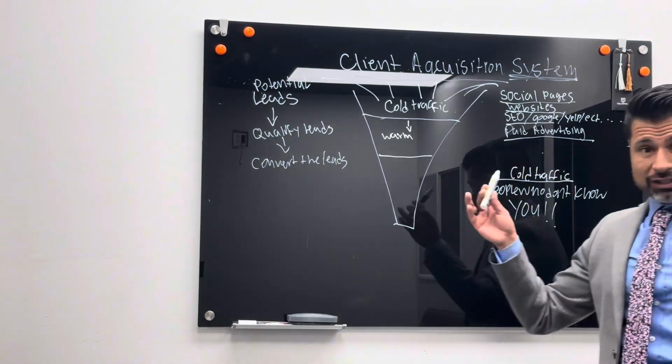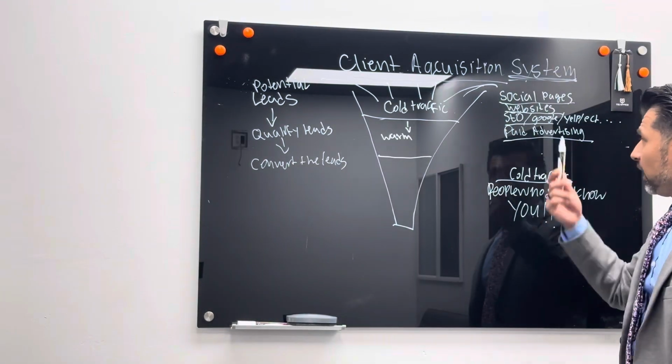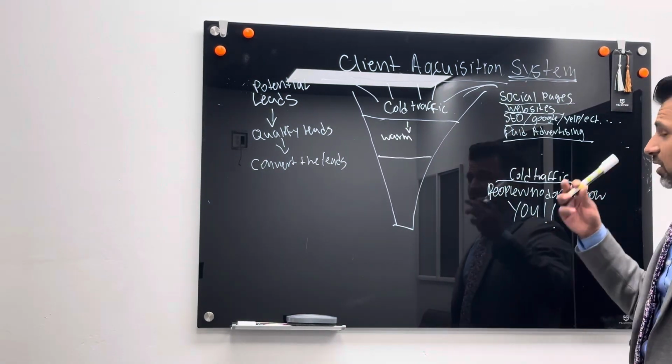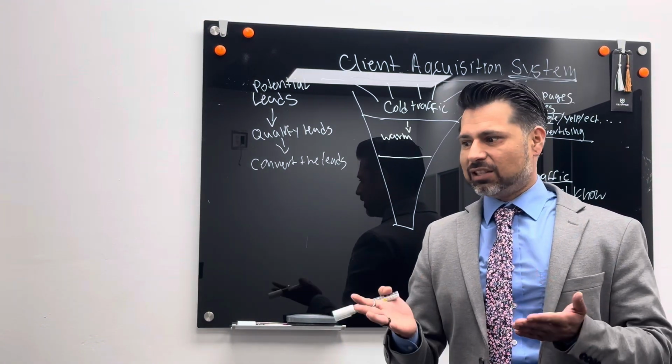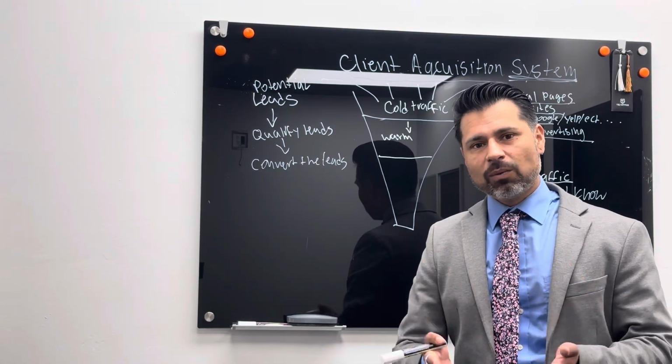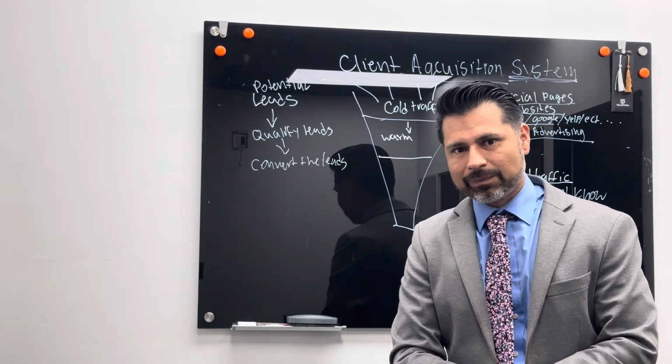They saw us, right? They saw our social media pages. They saw our website. They saw our Google listing. I mean, they probably even saw one of our reach ads, and they see us, right? How can we get them warmer in the funnel?